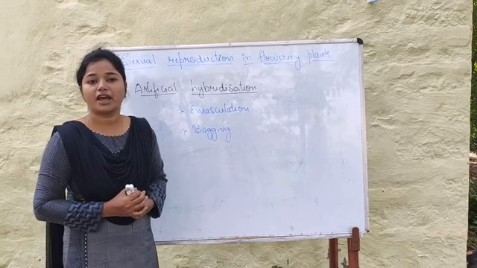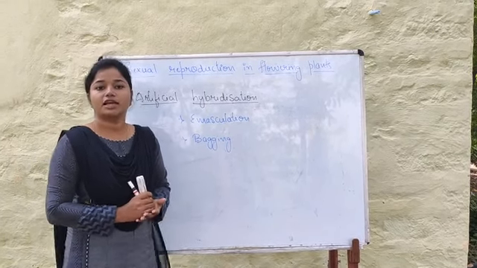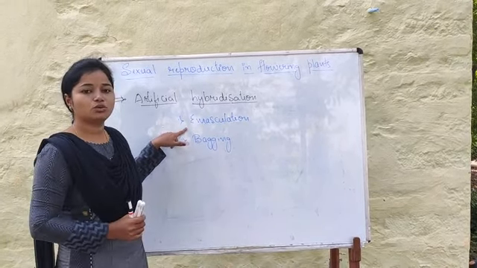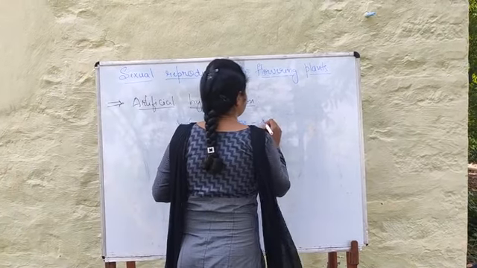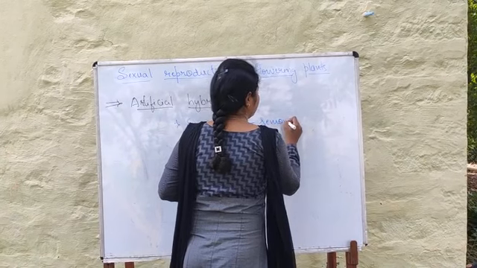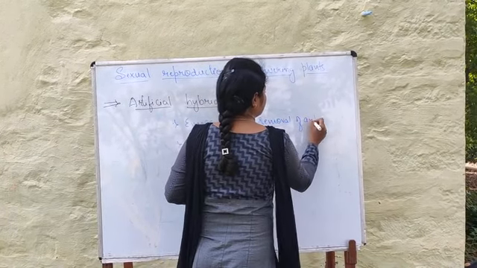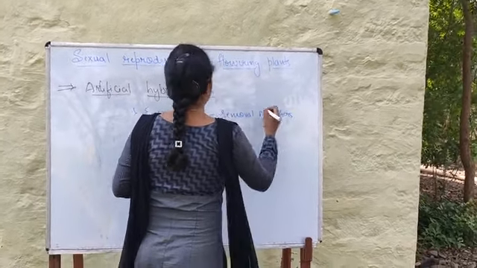That removal of the anthers from the flower bud with forceps is called emasculation. So emasculation means removal of anthers, right?